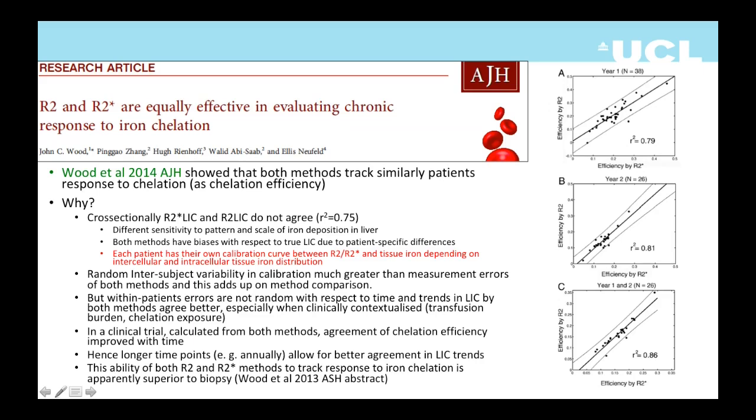But as the study progressed, the chelation efficiency nicely lined up on the line of equivalence, or couldn't be different from a line of equivalence. So the conclusion from this is that when you have longer time points, for example, annually or longer than that, this allows for a better agreement in LIC trends between the two methods. And these two methods outperform biopsy in that regard.